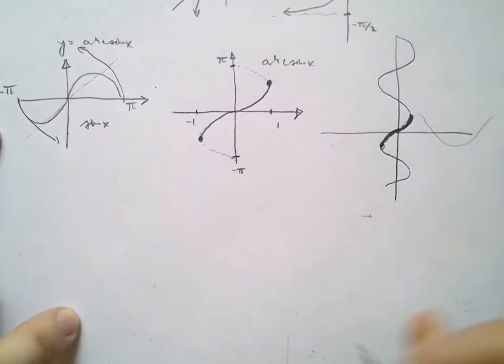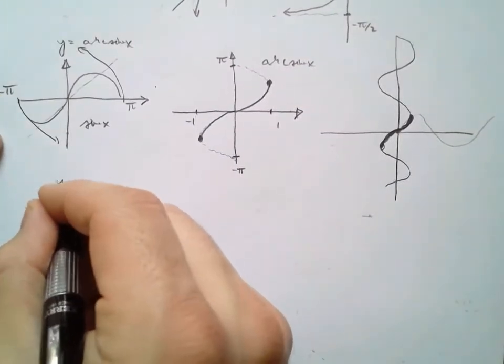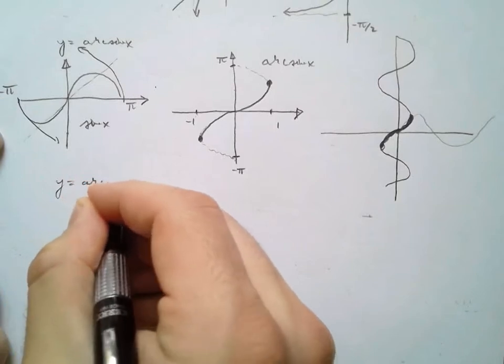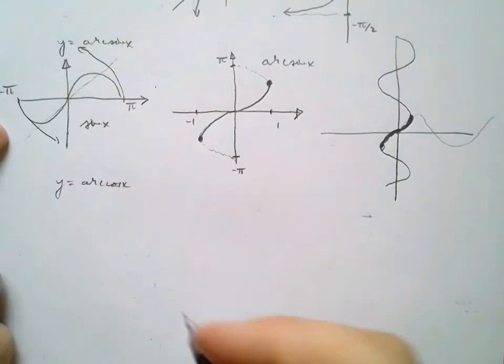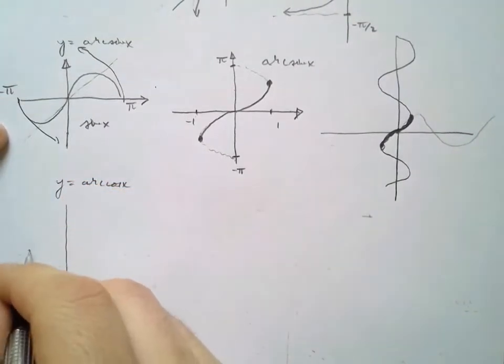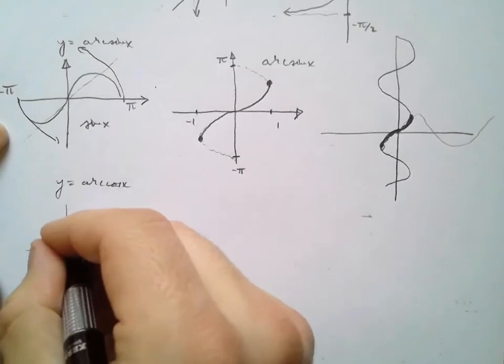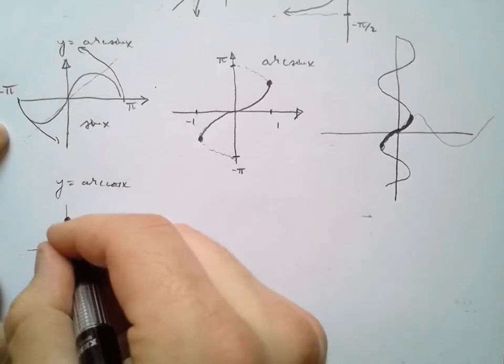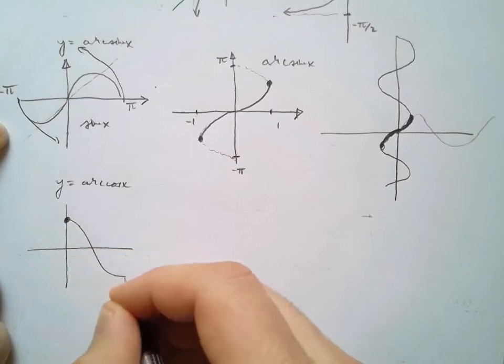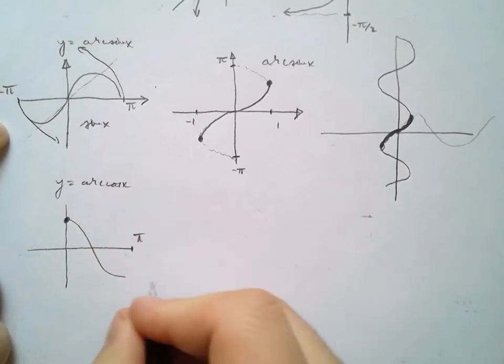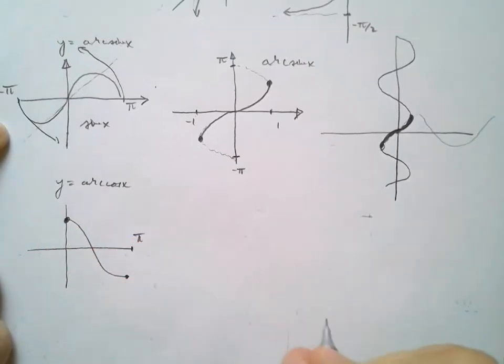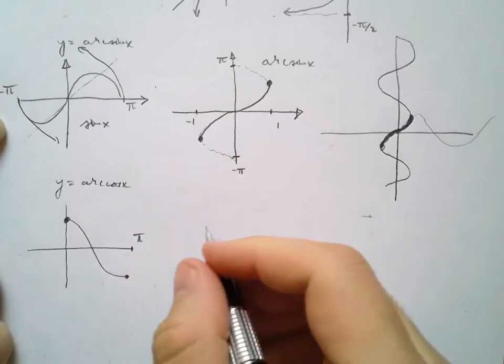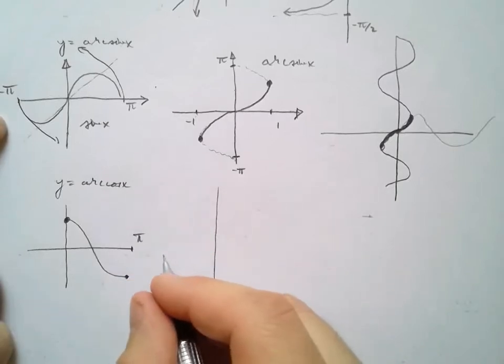Let's go ahead and also do arc cosine real quick. So I have y equals arc cosine of x. Of course, I'm going to start with the graph of cosine. And I know that that one, I'll draw it between 0 and pi. Looks like that. So I go ahead now and I reflect it, right? And of course, I'm not going to think about this as a reflection.